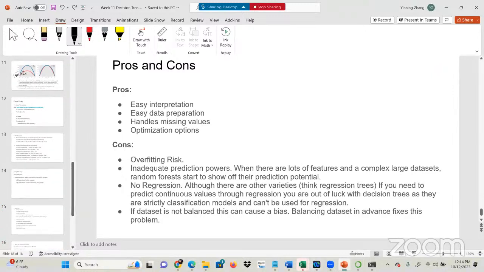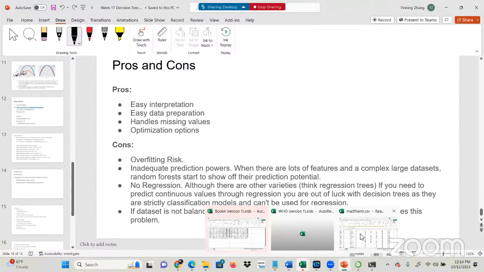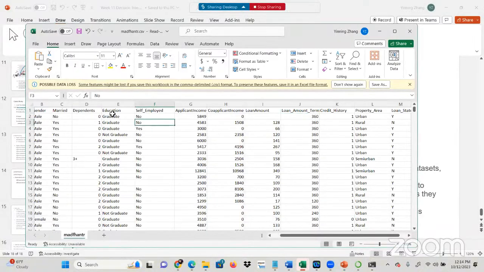Eventually, what you get is a tree with all these features, and you will see that at the end of the tree, all the leaves are not pure classes. Each leaf will have a combination of people whose loan is approved and not approved.